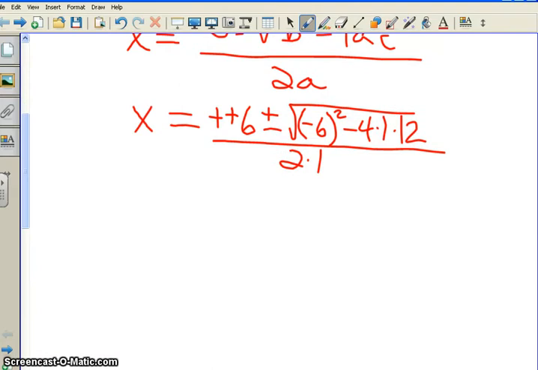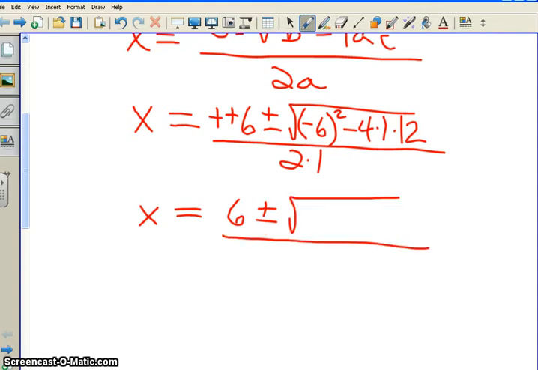Once we have our values substituted in there, now we're just going to simplify this. So my first number is a 6, plus or minus. Now I've got a whole bunch of numbers underneath that radical, which we need to do those operations on. And in the denominator, 2 times 1 is just 2.